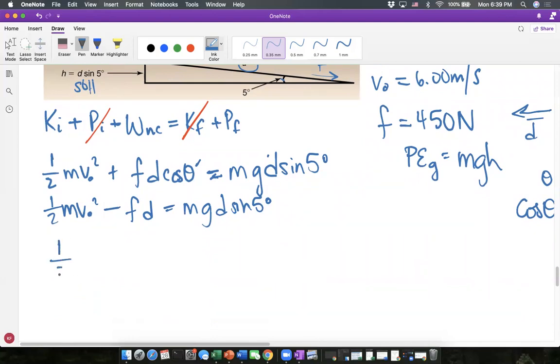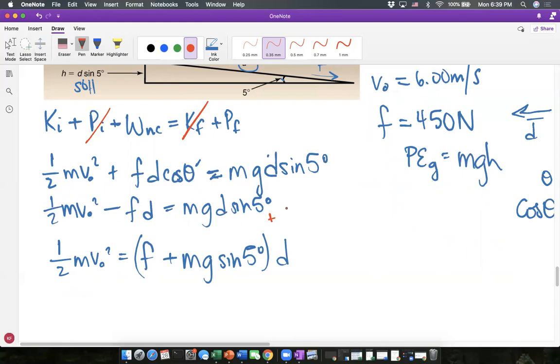Let's say 1/2 mv naught squared equals we're going to have F plus mg sine 5 degrees, and all of that times d. So hopefully you see what I did. I moved this guy over, I put plus Fd on this side, and then pulled out my d to the right.